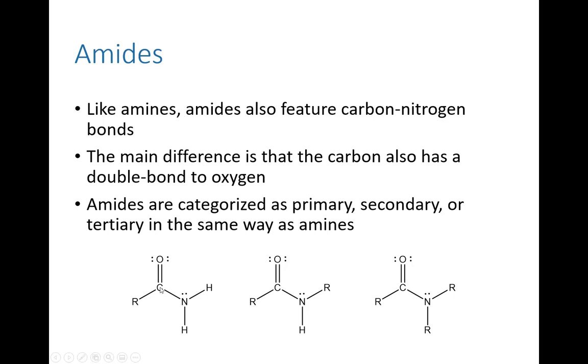So since it's only bonded to one carbon, this would be a primary amide. This nitrogen is bonded to a carbon here, and this R group stands for some carbon, so it is a secondary amide. And we also notice it has one hydrogen. And then the nitrogen here is bonded to three carbons, and so that's going to make this a tertiary amide.